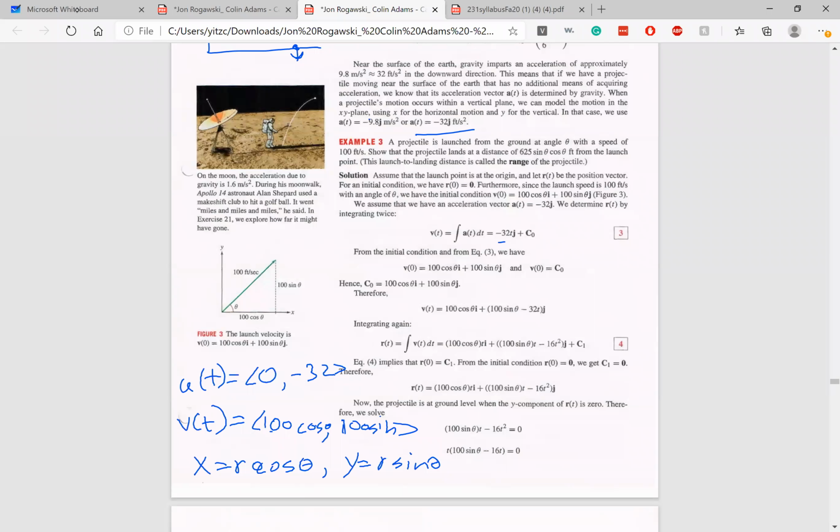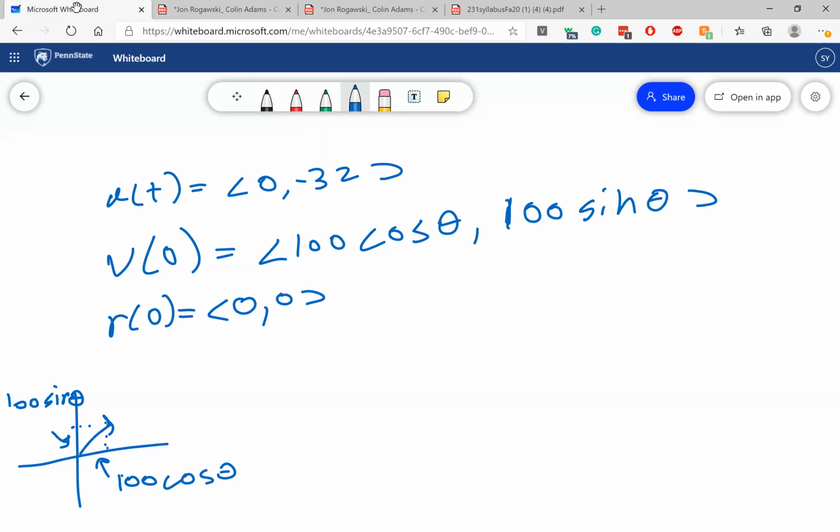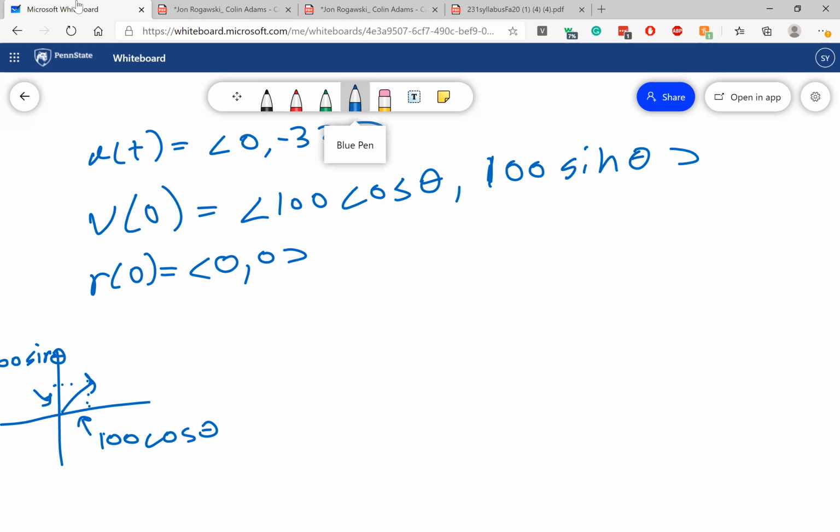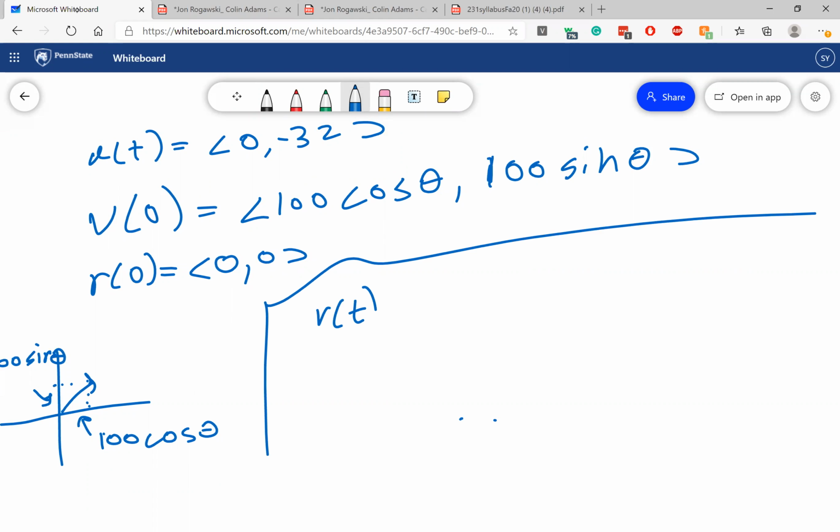So the question is, can we use this to figure out what r(t) is going to be? And so let's do it. So first, let's take the anti-derivative of our acceleration. So we have that v(t) is going to be equal to some constant c1, and then negative 32 t plus some constant c2.